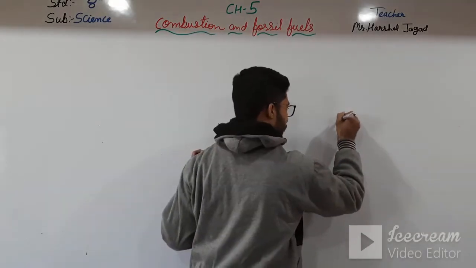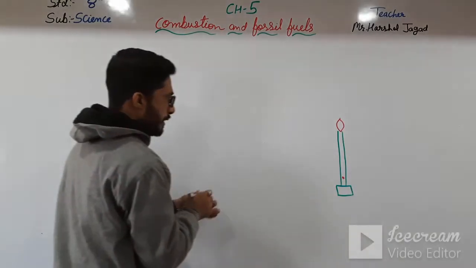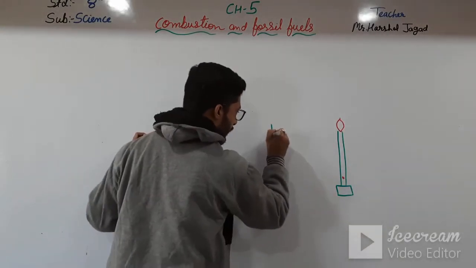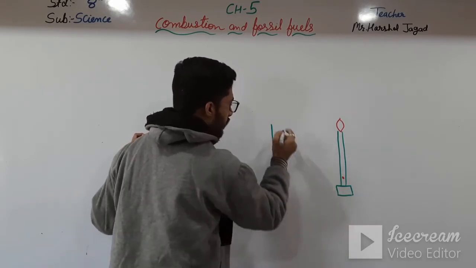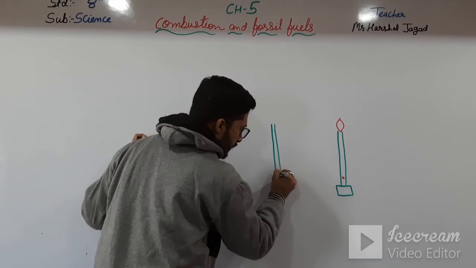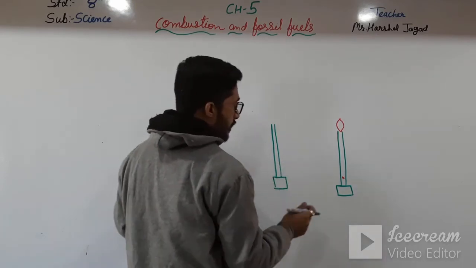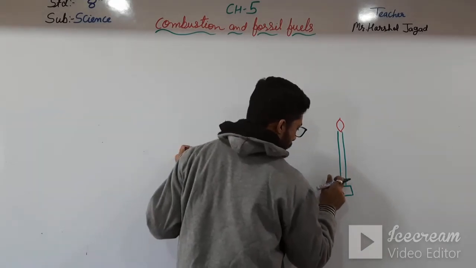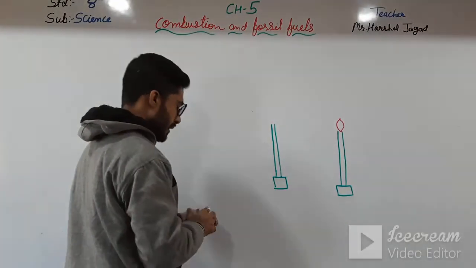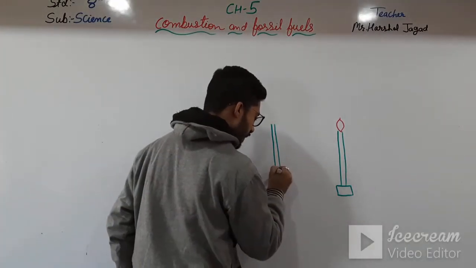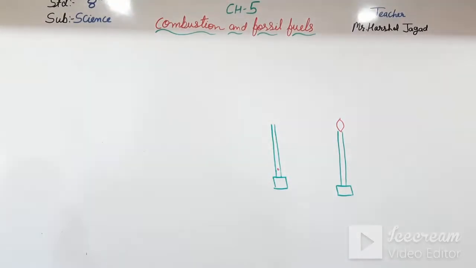So this is a flame, and this is our other burner. In this burner the hole is closed, and in this burner the hole is open, which means air can go inside through this hole.